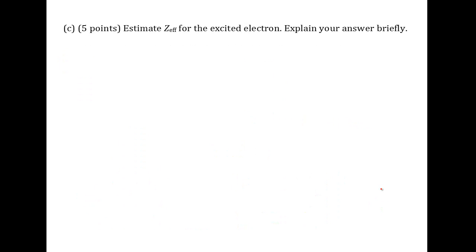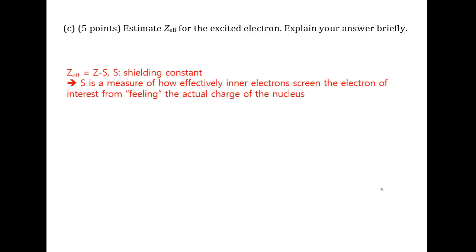Now, estimate Z effective for the excited electron in the boron atom. To solve this question, you use the fact that Z effective is equal to Z minus S, where S is the shielding constant.